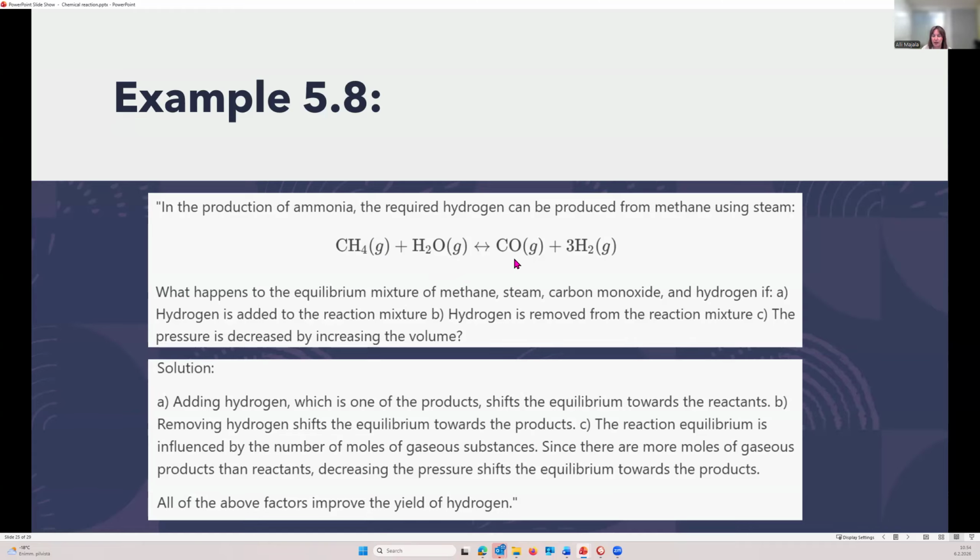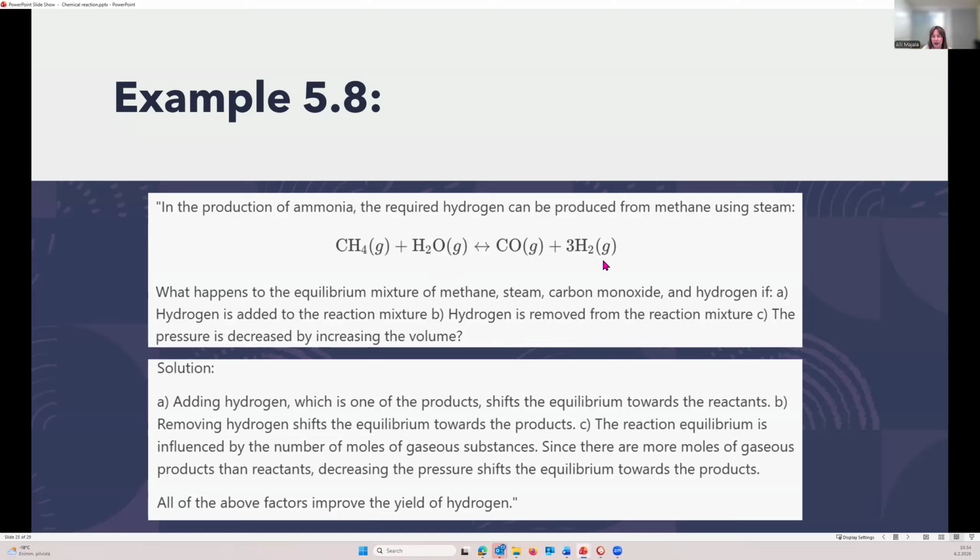Methane and steam give you carbon monoxide and hydrogen. This is one way to get hydrogen as well. If you add hydrogen to the reaction mixture, what happens?